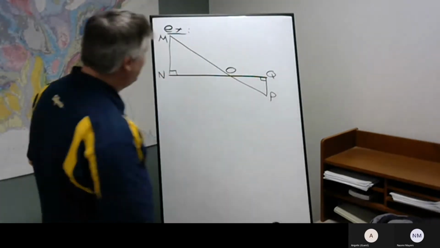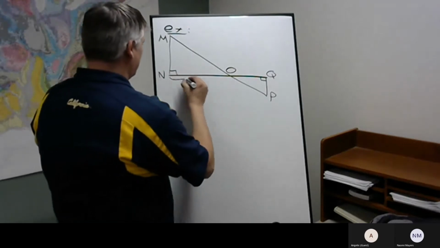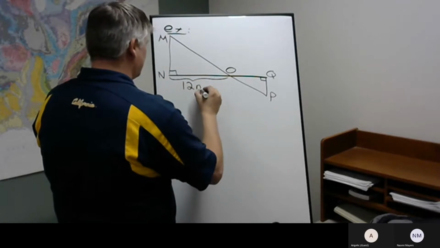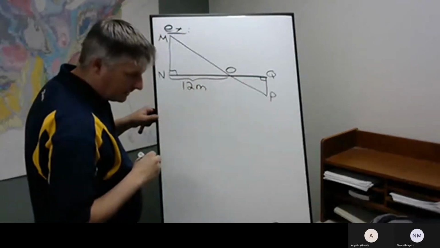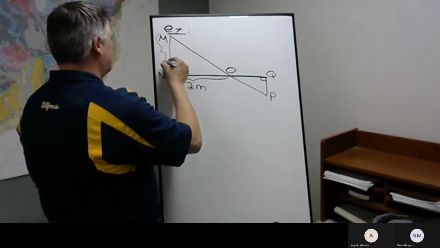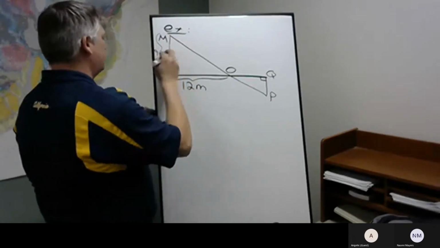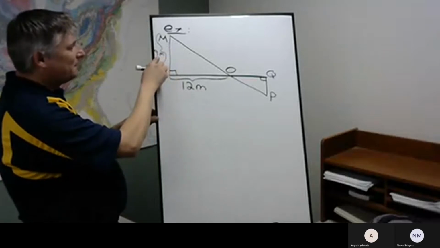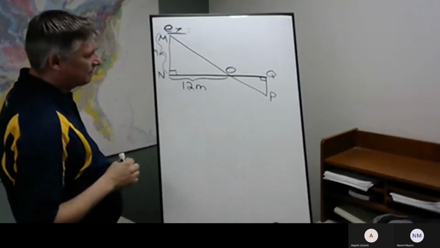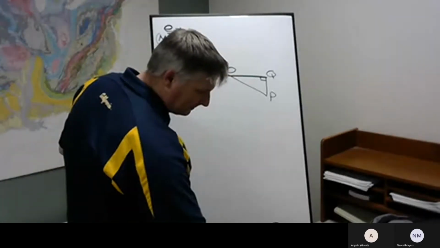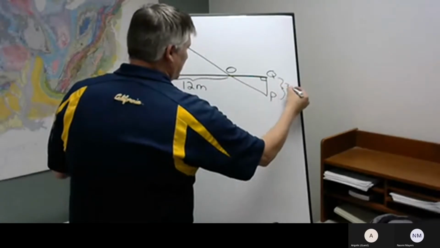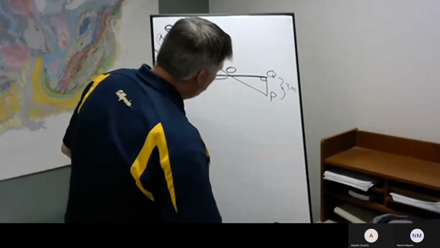Let's see here. We're told that NO is 12 meters. MN, that's 9 meters. Let's squeeze it in there. So this is 9 meters. This is 12 meters. PQ is 3 meters.